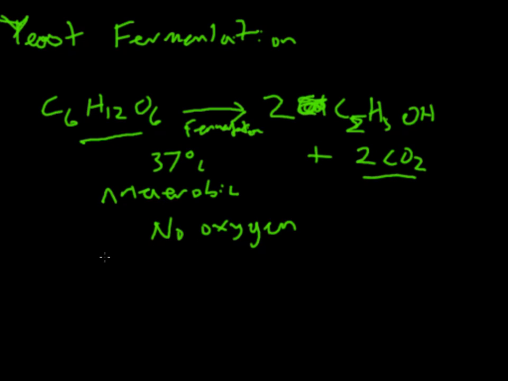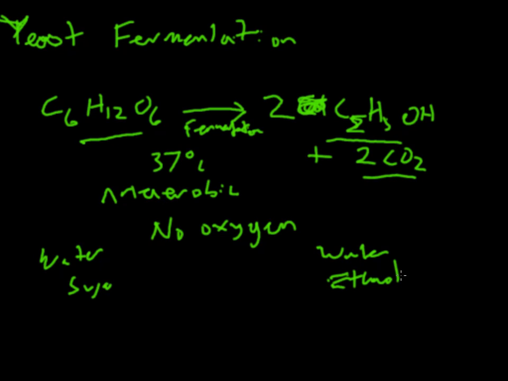Now, the other thing is that this process is going to go on for a bit, and we're going to get more and more of this. So we start with a water-sugar mixture and we end up getting more and more of a water ethanol mixture.